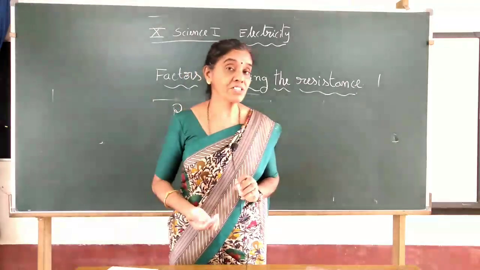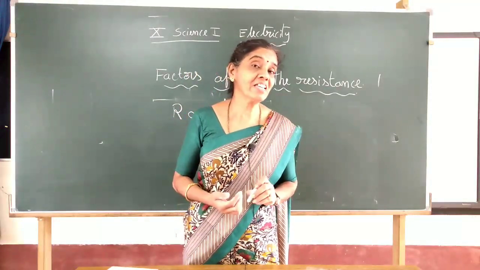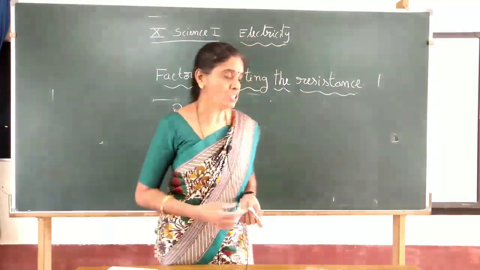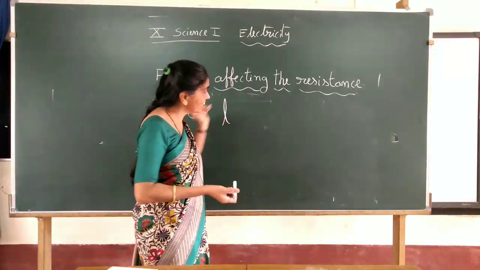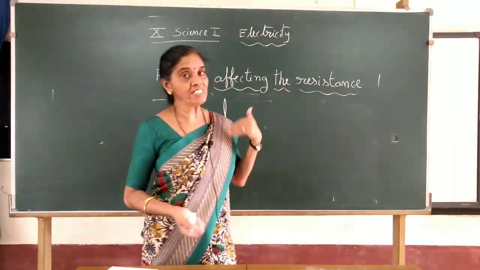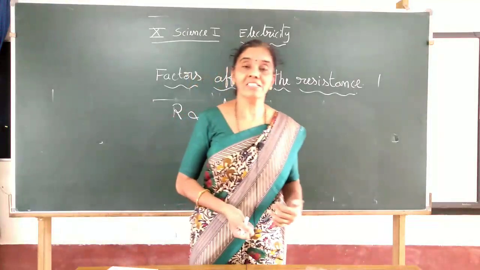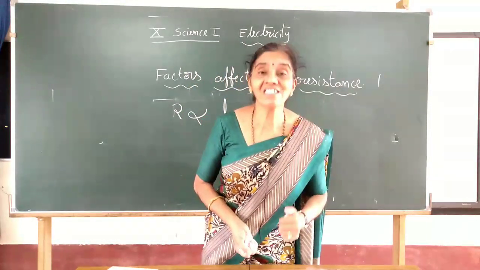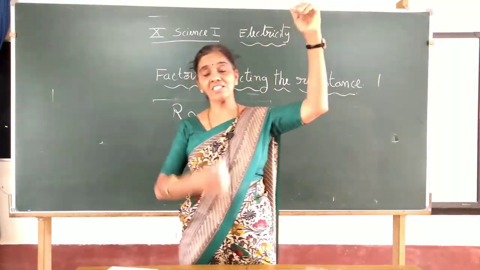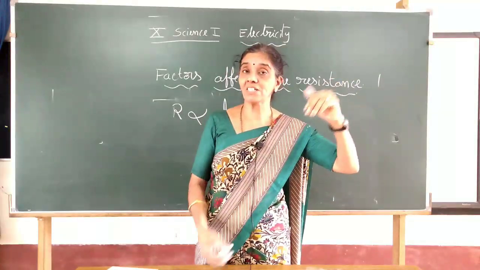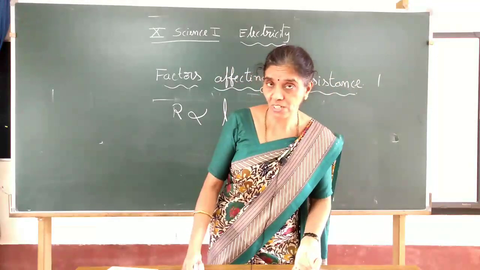Current more means resistance is obviously less, right? So when you increase the thickness, the area of cross section, the resistance decreases. One value increases, another value decreases, meaning it is inversely proportional.